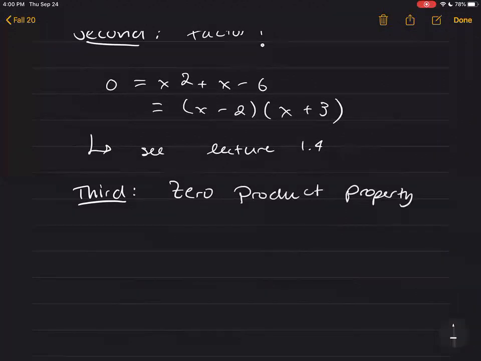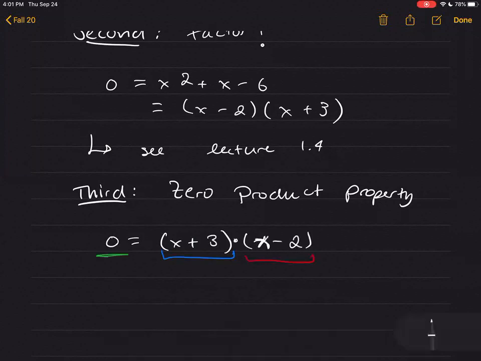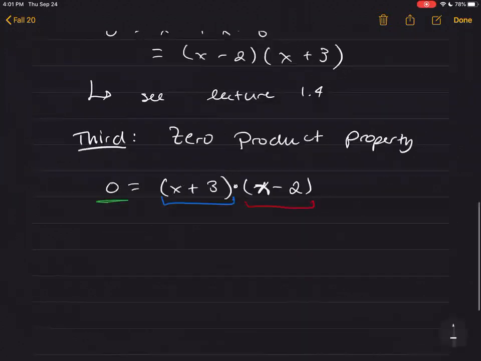The zero product property says that if we have two things multiplying each other and they equal 0, so in this case x plus 3 and x minus 2 multiply to equal 0, then that means that x plus 3 equals 0 or x minus 2 equals 0.